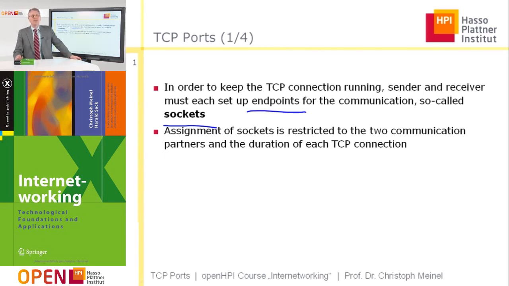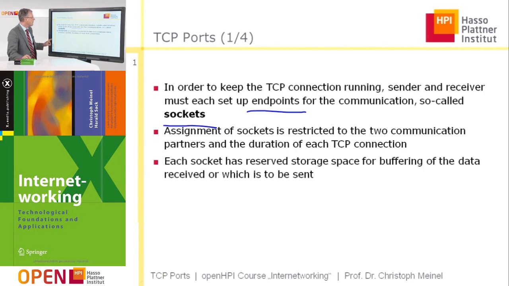The assignment of such sockets is restricted to the two communication partners and the duration of the TCP connection. In the intermediate systems, there is no TCP. TCP is running only on the two end systems. So the assignment of the sockets is restricted to the communication partners.